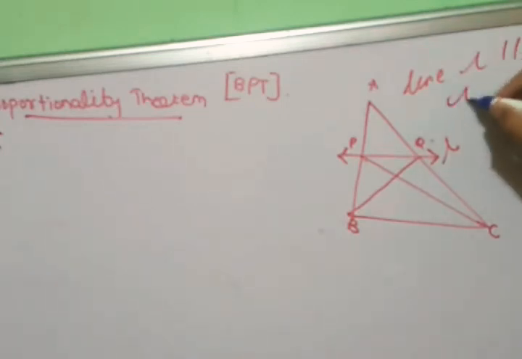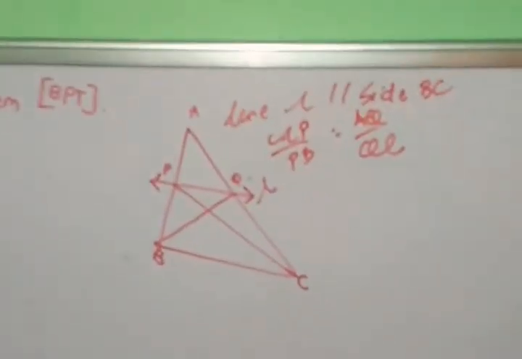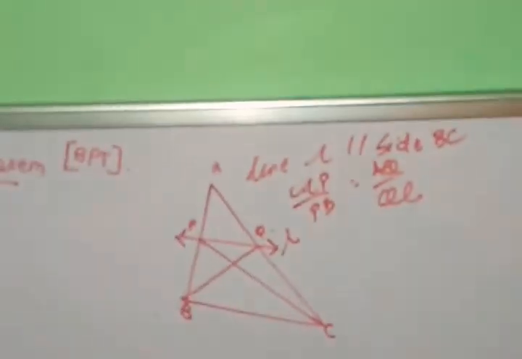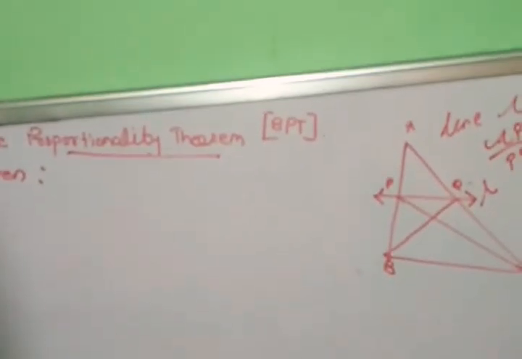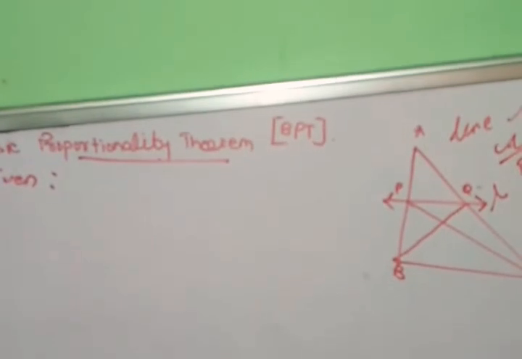Means AP by PB is equal to AQ by QC. So the given of this theorem is line L is parallel to side BC, and we prove that AP by PB is equal to AQ by QC. So friends, let's start to write and understand this theorem.